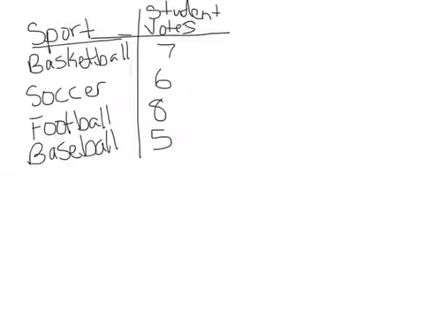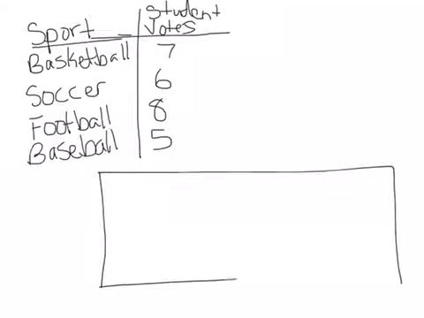So the first thing that we need to do on our whiteboard is draw a long rectangle, because in pictographs we make our information go horizontally. So we're going to read across just like we would in a book. And then we're going to list our sport choices.